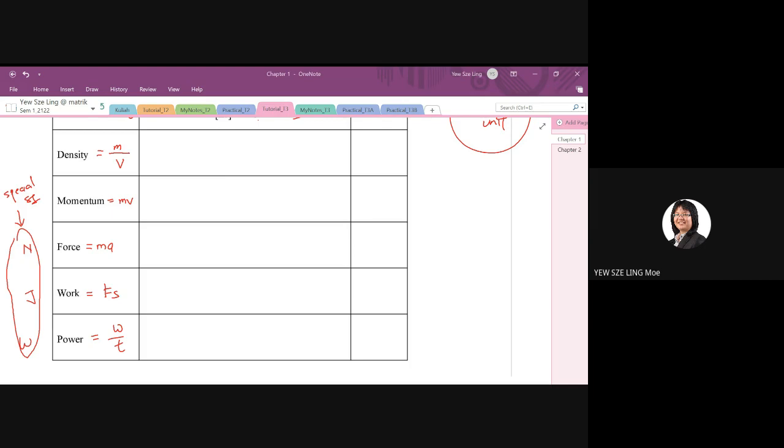I told you to write down all five, right? Irfan is not listening just now. I said I don't want special SI units. I want it in terms of base unit. So don't give me Newton, Joule, and Watt. I want it in terms of kg, m, and s. All right, I give you one more minute to try it.